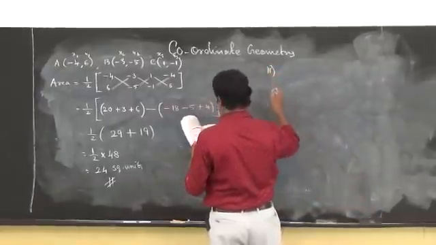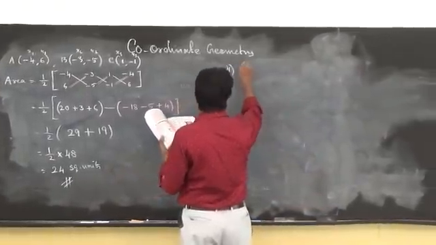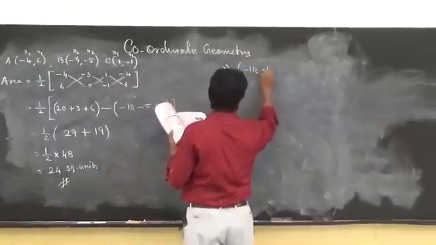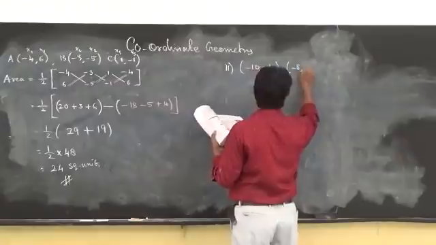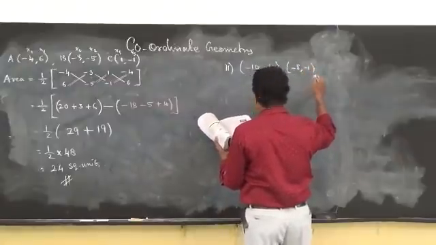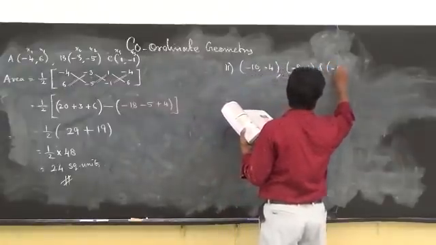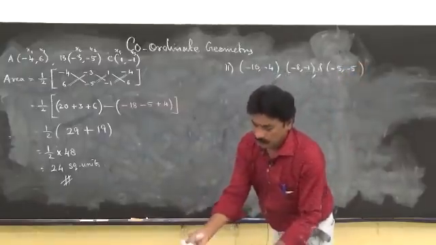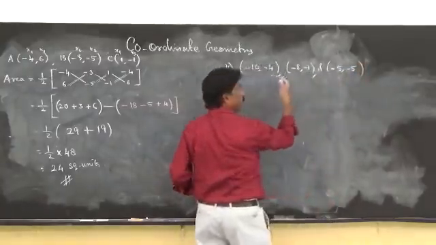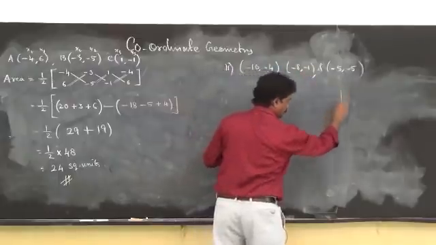In the same way, suppose all are negative: minus 10, comma, minus 4. Minus 8, comma, minus 1, and minus 5, comma, minus 5. So if you look, all are negative. So when you plot, you know that all are in the third quadrant.